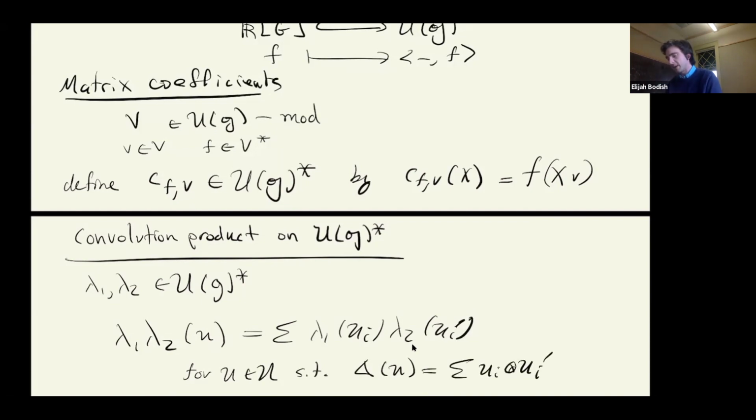So I'm using the co-multiplication backwards to define this multiplication on the dual of the enveloping algebra.